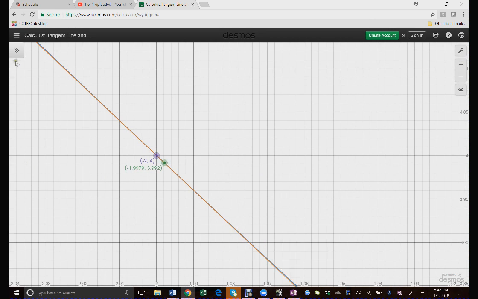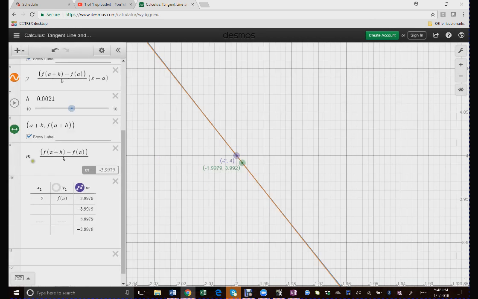And let's see. I'm going to show you the slope of my secant line because it can no longer be displayed. It's not inside. You can't see it anymore. So the slope of my secant line is now negative 3.9979. And as I get closer and closer, you should be able to determine a very reasonable estimate of that instantaneous rate of change or the slope of the tangent line.